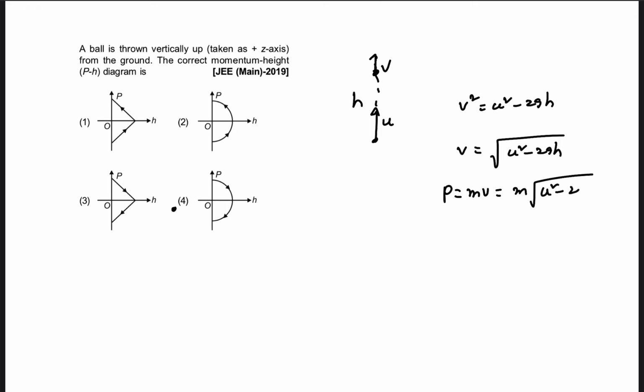Momentum p is equal to m into v, which I can write as m into the square root of u square minus 2gh. Now at maximum height, I get the momentum value as 0. Nothing but momentum parabolically decreases. Okay, momentum p parabolically decreases.